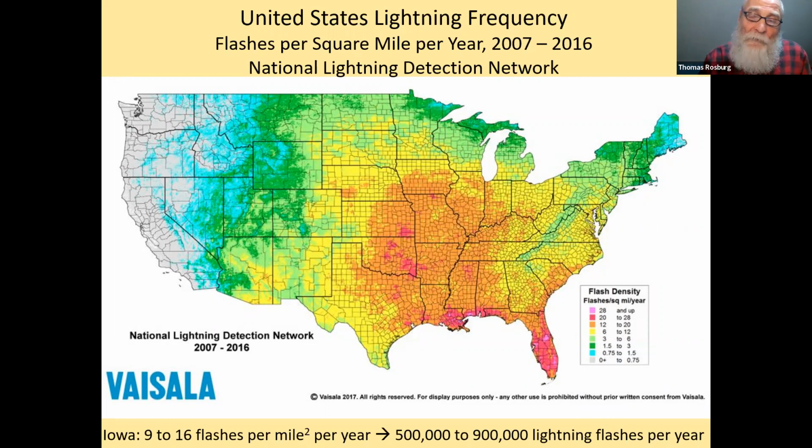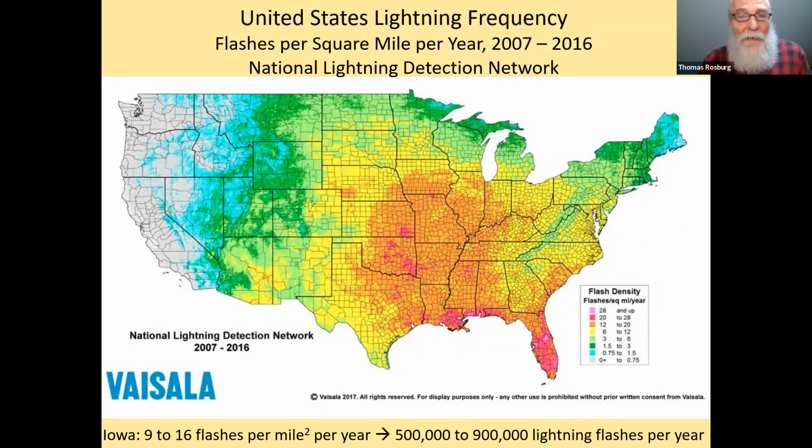So it drops down to less than half of what we had before, certainly, but still 500 to 900,000 lightning flashes per year over the state of Iowa. And if you think about 30 million acres of flammable litter, that's what Iowa had, of course, in terms of the amount of tallgrass prairie at the beginning of the 1800s, or even before, of course, when Native Americans were here.